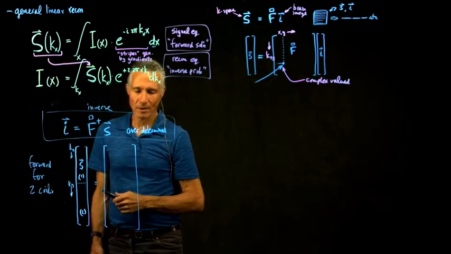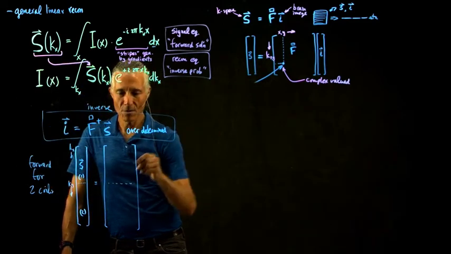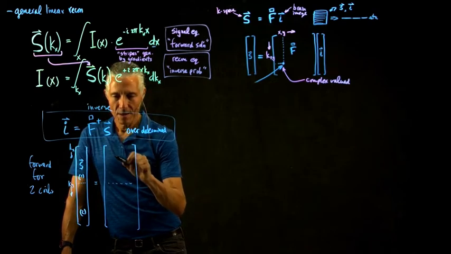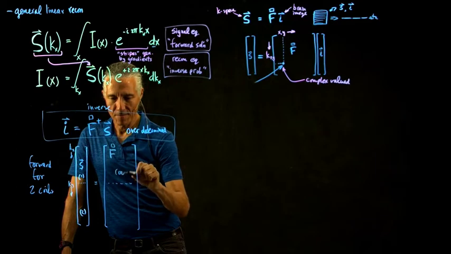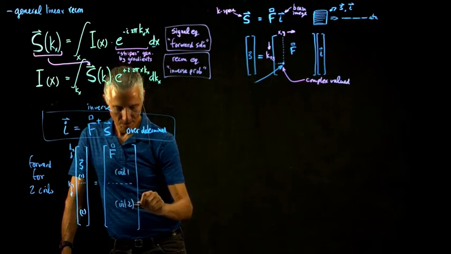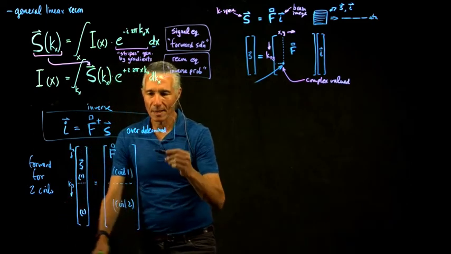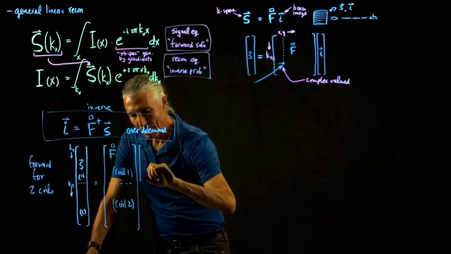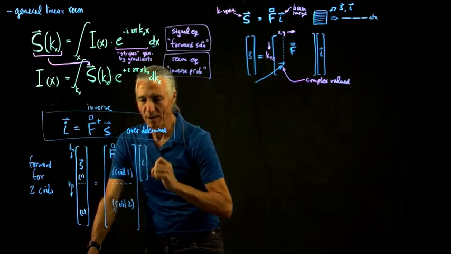So we're going to have to make a bigger F matrix, and so the F matrix is going to have all those F coefficients for, so here's the F matrix for coil 1 and coil 2. But the image that we're going to reconstruct, there's only one of those.